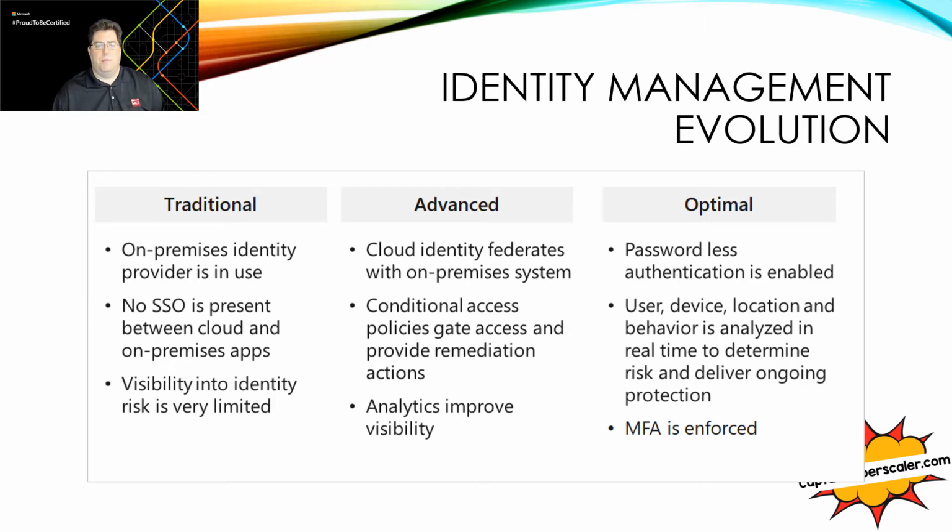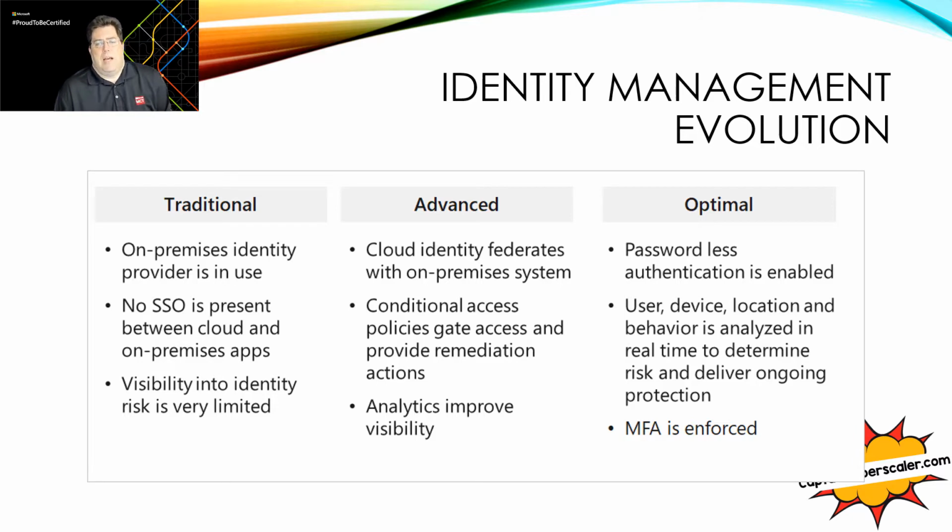Single sign-on became popular in hybrid identity environments, and now we're concerned with the risk of users who utilize both cloud applications and on-premises applications that share the same identities. So we needed to build additional analytics to improve visibility, and we'll talk about some of the policies that can be utilized to build this advanced identity platform in this session.